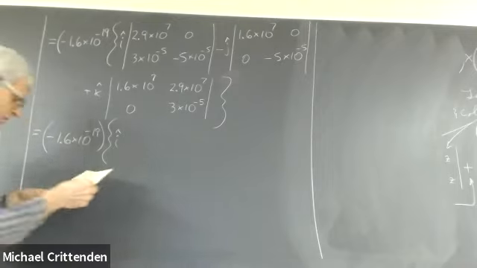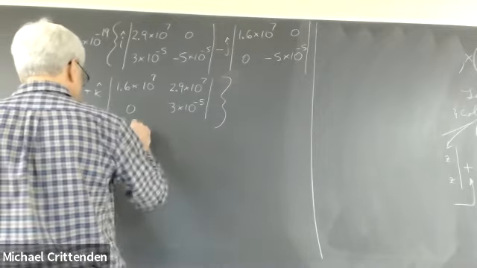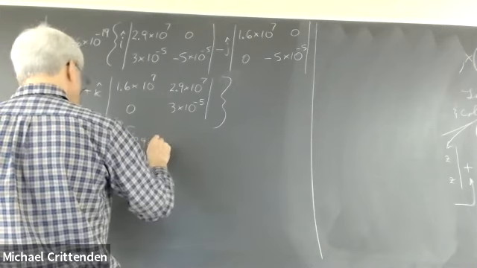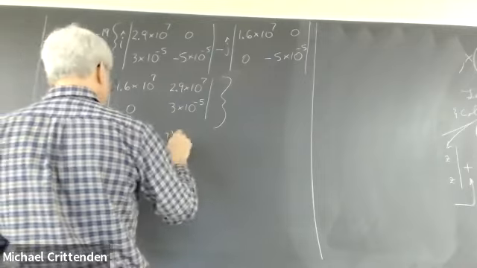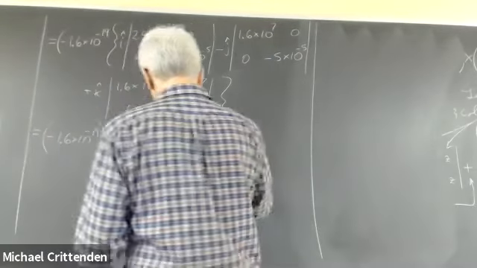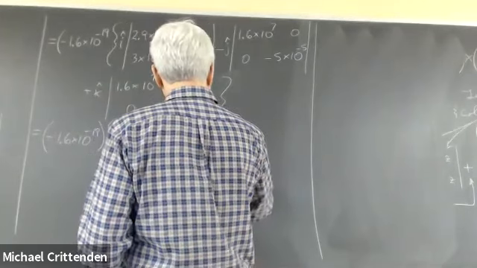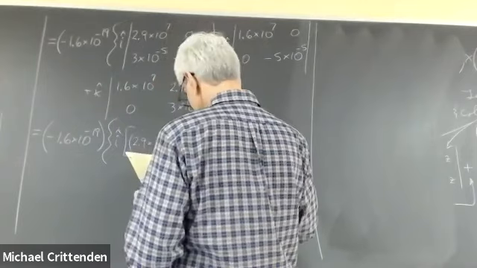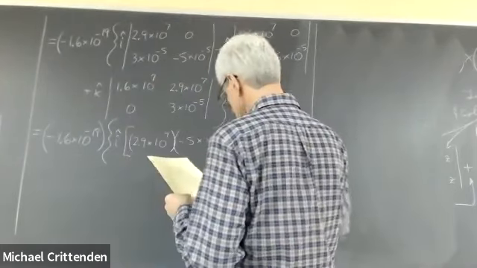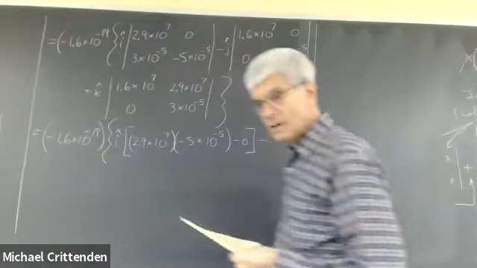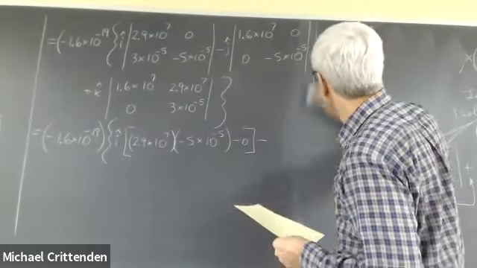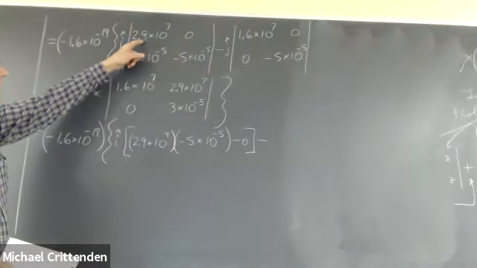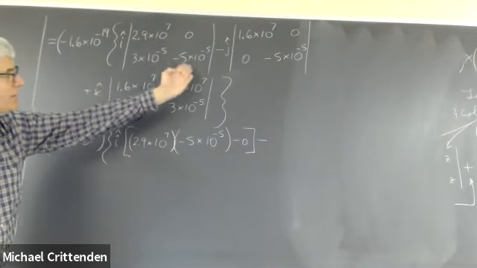So for the x component, that times that is what I meant by the downhill diagonal.